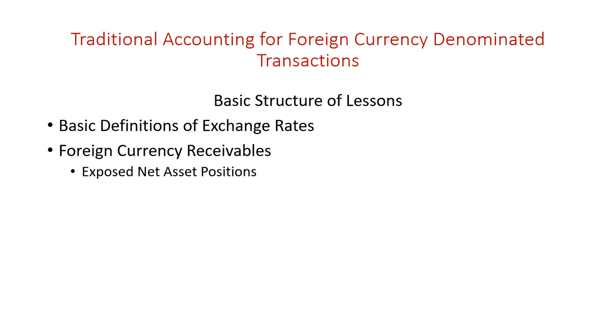That's what we call a net asset position. A net exposed asset position is basically when somebody owes you a receivable and it's not hedged. You haven't taken some action to minimize or eliminate the fluctuations in the receivable due to changes in the exchange rate.